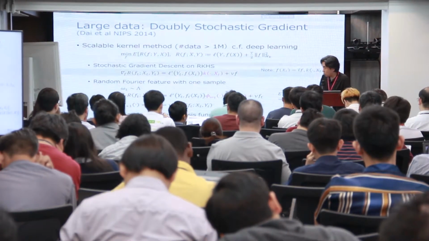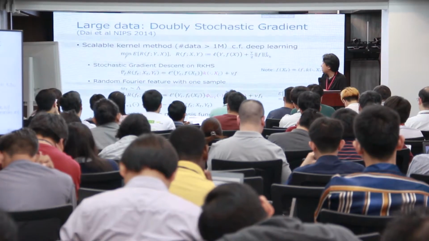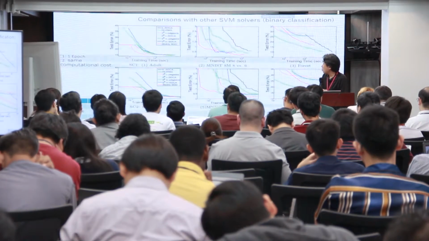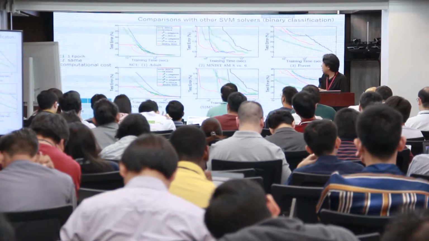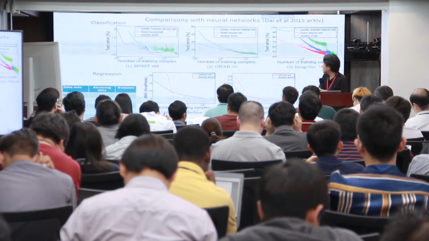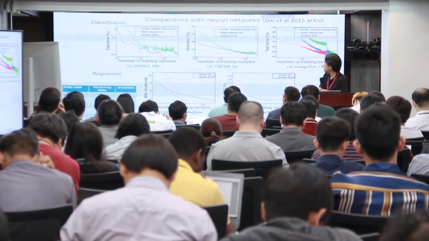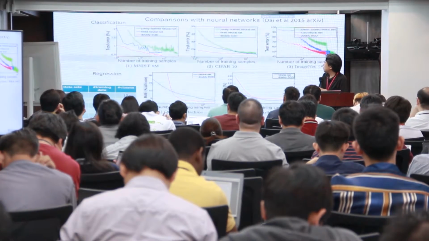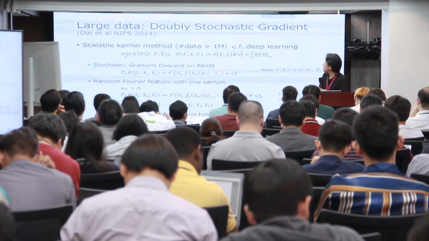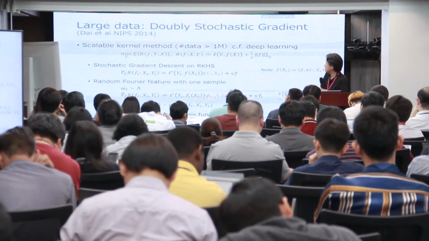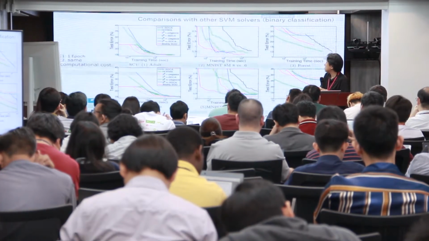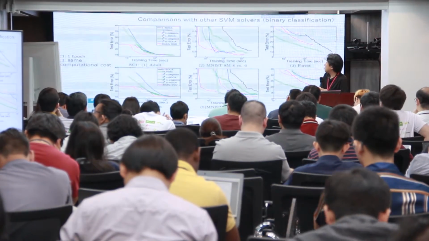And in this way, they can handle data sets larger than medium. I skipped this one. This is a comparison between other support vector machine methods. So this is a comparison of what they call doubly stochastic gradient descent for kernel method with deep learning.